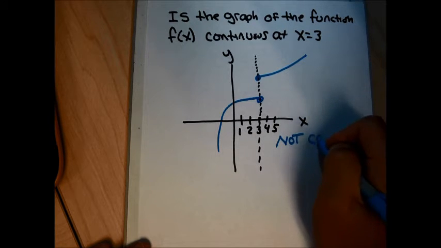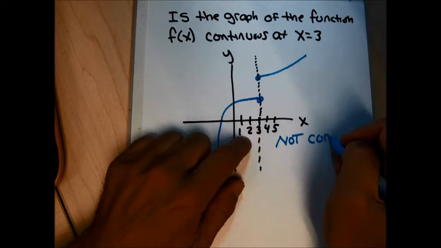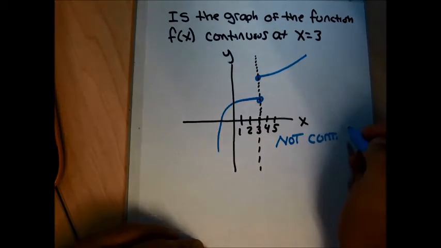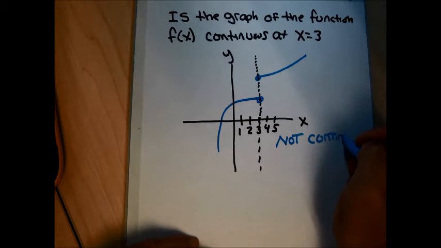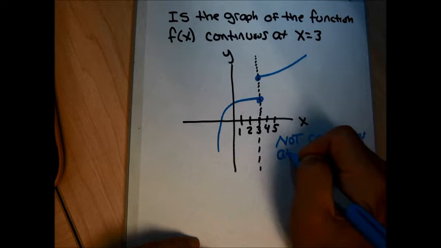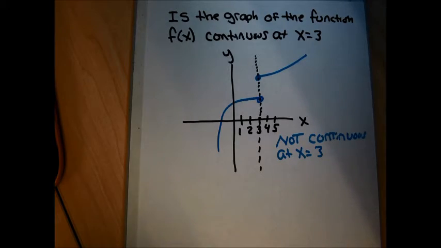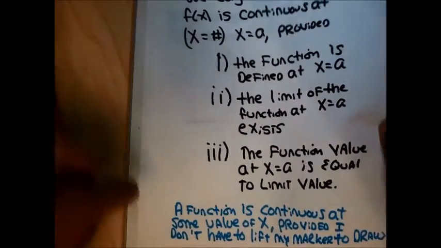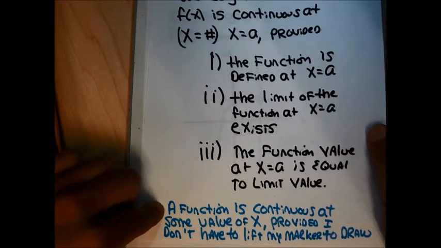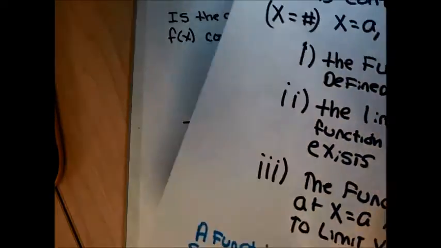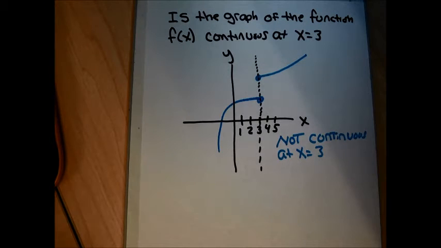And I knew it's not continuous at x equal to 3 because I had to lift up my marker to draw the graph above or below that point. The dotted line is just to help you focus on the x equal 3 part of it.